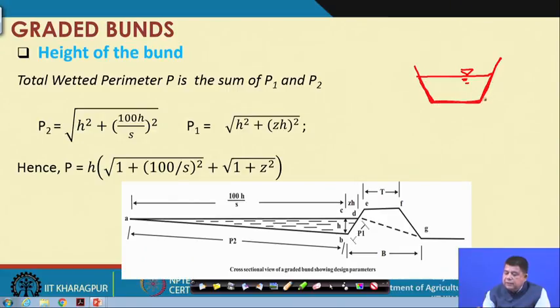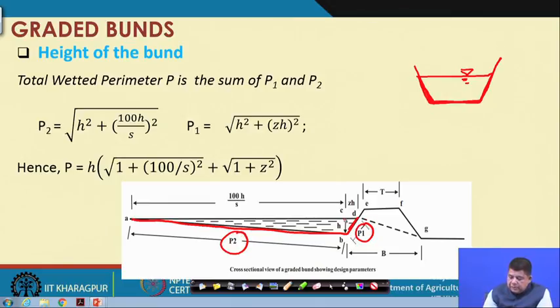So, this is the wetted perimeter. Using the same principle here, the water contact is here and on this surface, and that is why the wetted perimeter is this length, which is P1, and this length, which is P2.